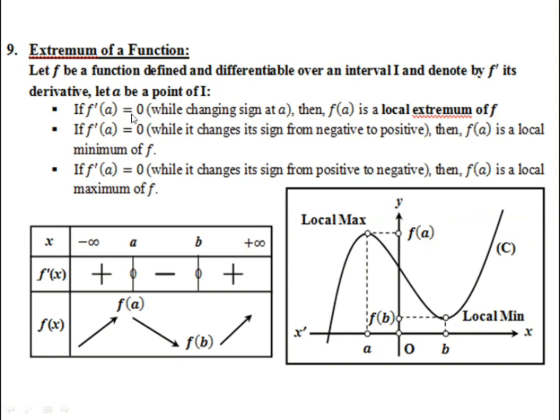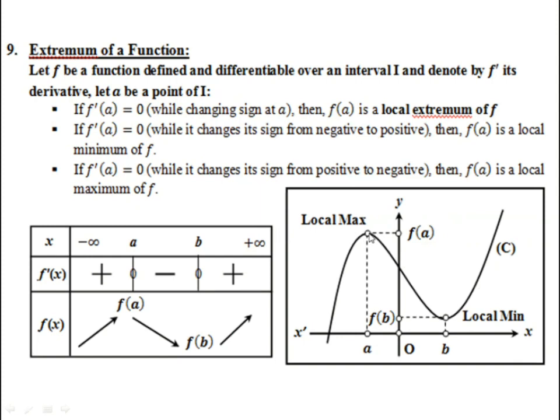If it is 0 while changing sign at A, then we call it a local maximum. But if it changes from negative to positive, from decreasing to increasing, then the function has a local minimum; vice versa for the local maximum.